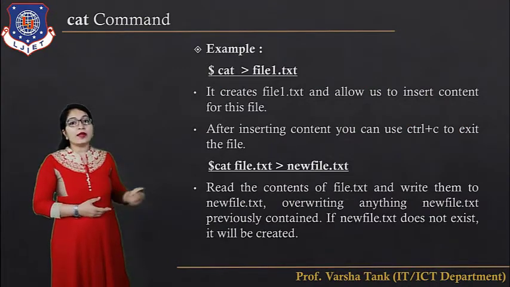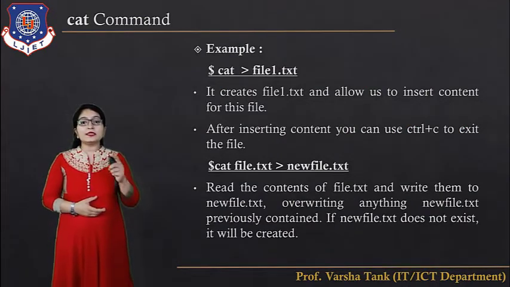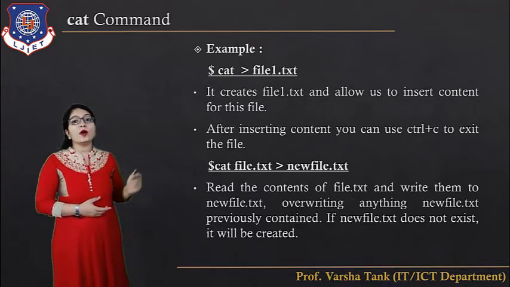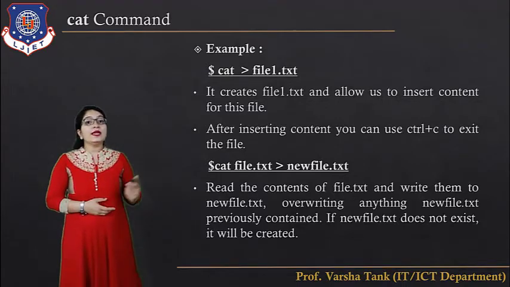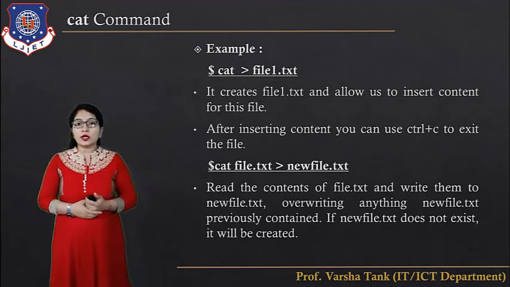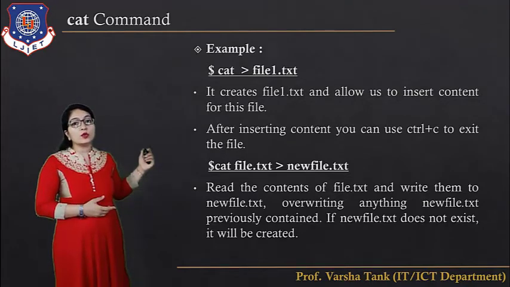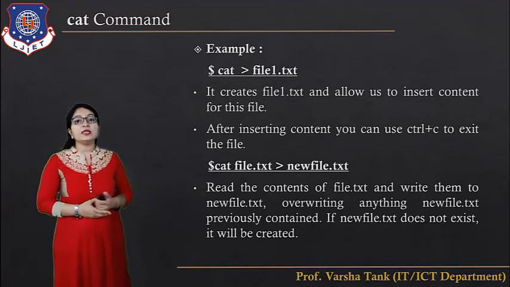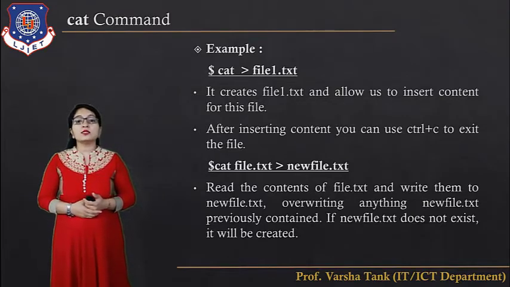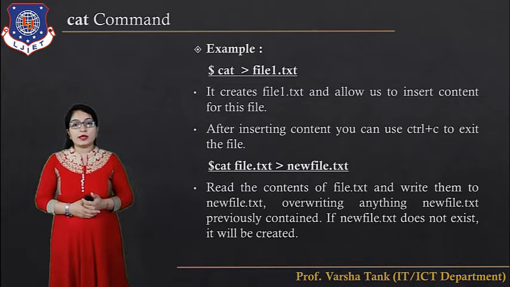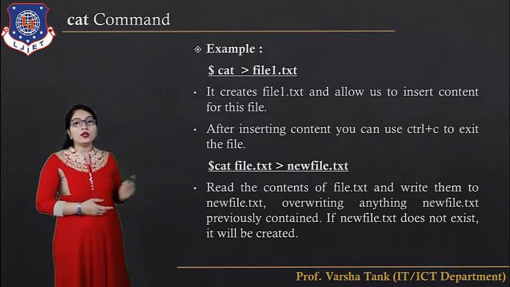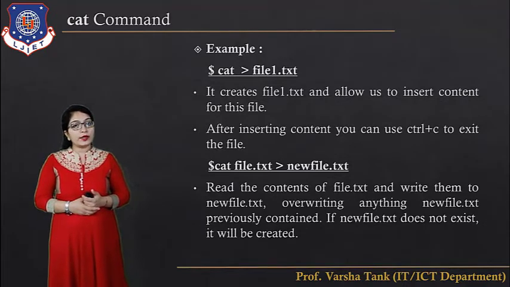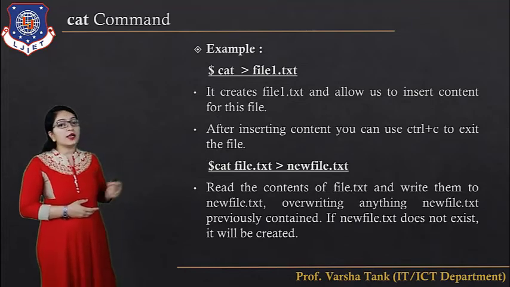Examples for this cat command: here you can see $cat greater than sign file1.txt. That means it creates the file1.txt and allows the user to insert the content for this file. After inserting the content, you can use Control C to exit from the file. This file1.txt will be automatically saved with whatever content you have written.